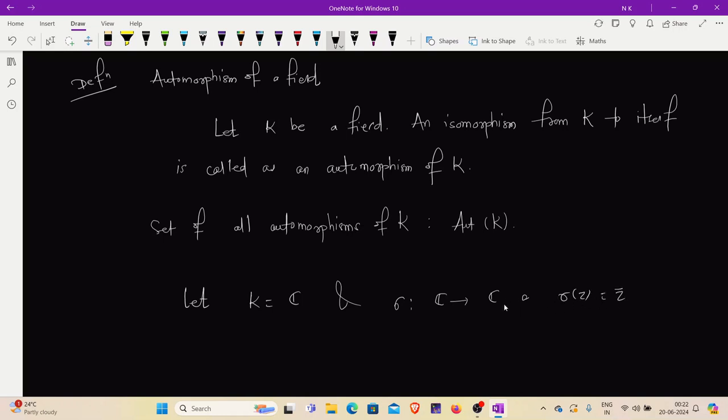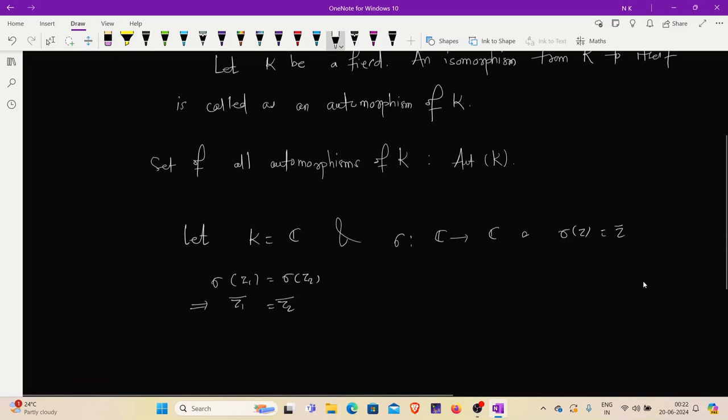We can easily find that this particular map is an isomorphism. In particular, this map is 1-1: if sigma of z1 is the same as sigma of z2, then obviously z1 bar is equal to z2 bar. If we take conjugate on both sides, we will find that z1 is equal to z2.